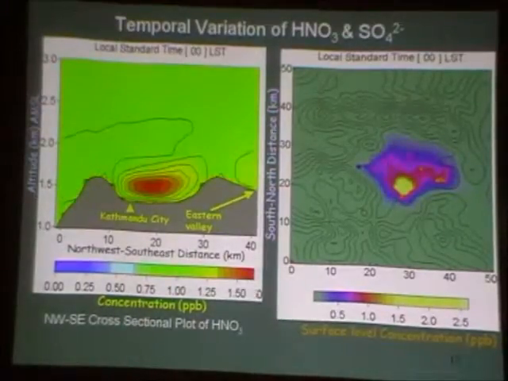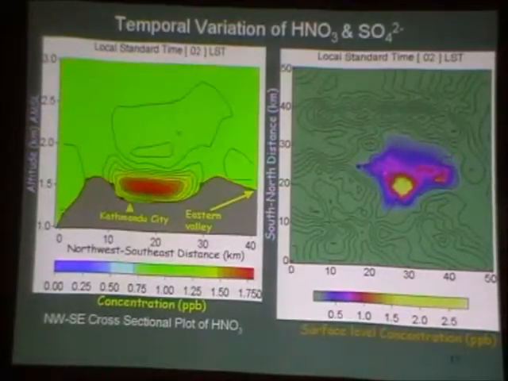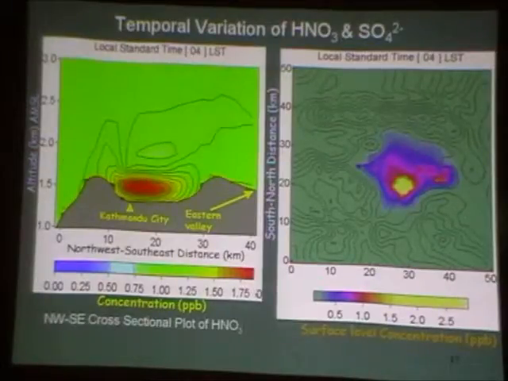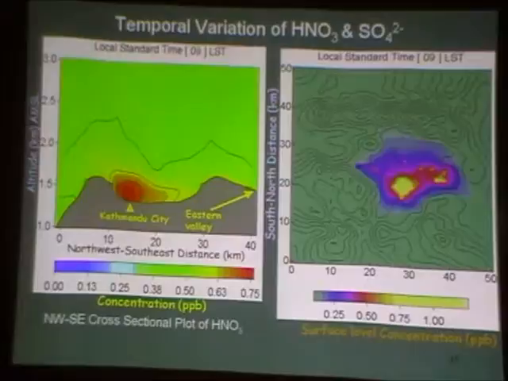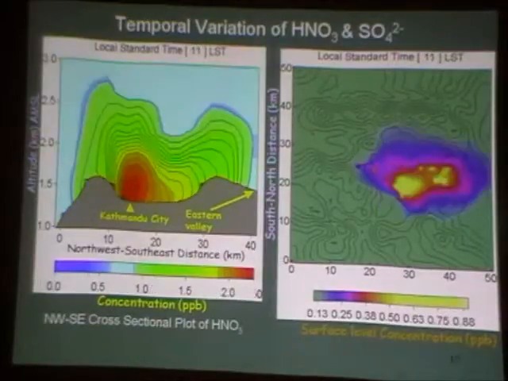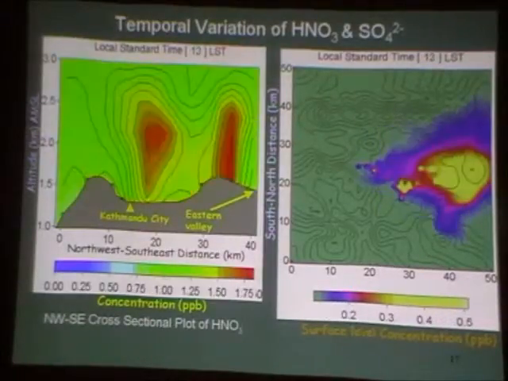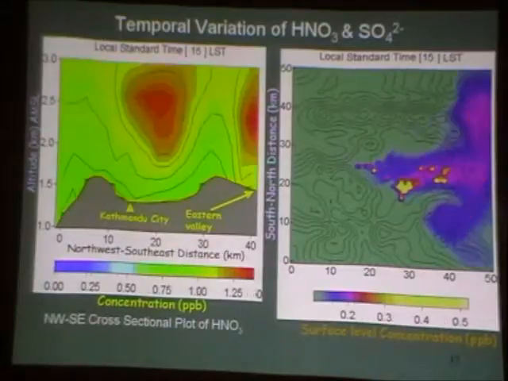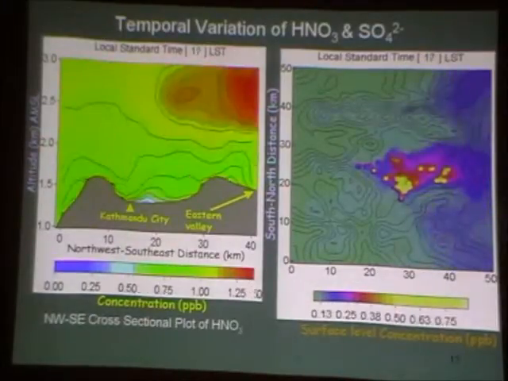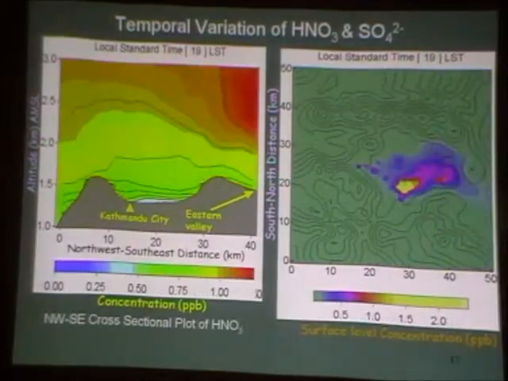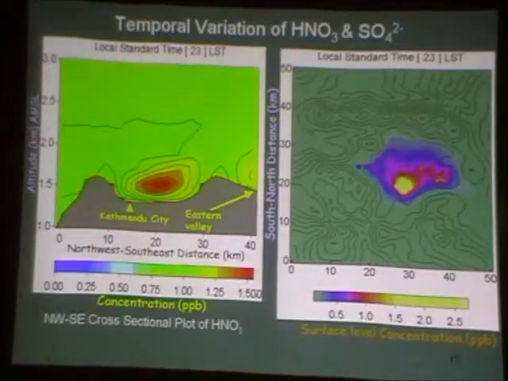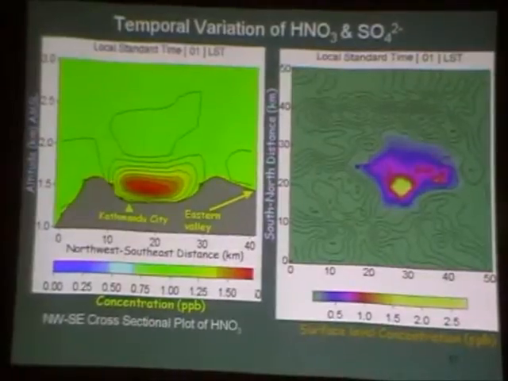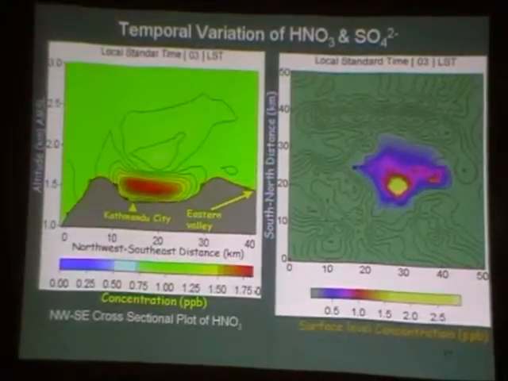Like Kathmandu, the pollution remains confined within the valley throughout the night time, until about 1 p.m. Then it crosses into the eastern valley, and as the wind intrudes into the valley, because of the double layering structure of the wind system, it stagnates the pollution, particle dispersion is completely suppressed, and it forms a shallow layer of pollution.